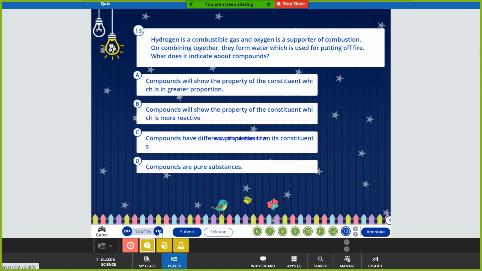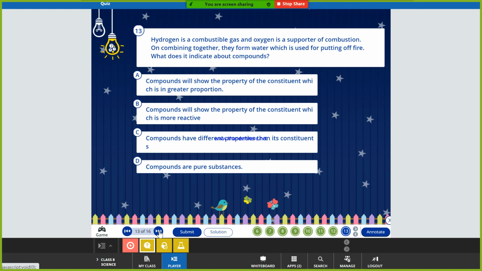Okay, next question. Hydrogen is a combustible gas and oxygen supports combustion. Combined together, they form water, which is used for putting out fire. What does it indicate about compounds? Option A, compounds show the property of the constituent in greater proportion. Option B, compounds show the property of the more reactive constituent.